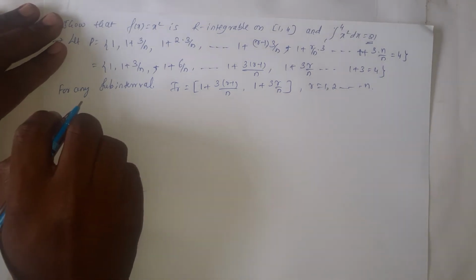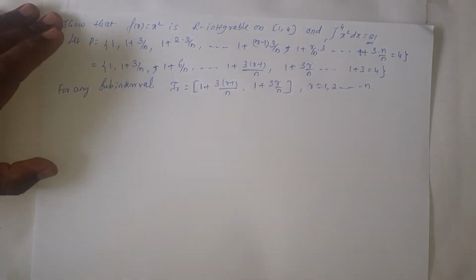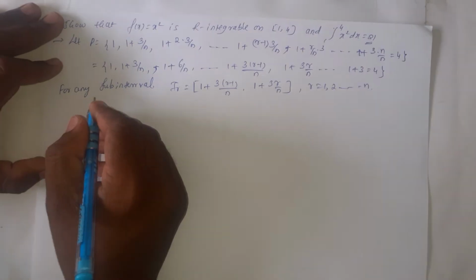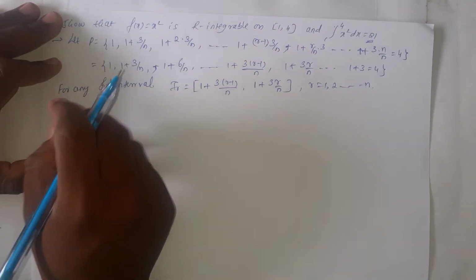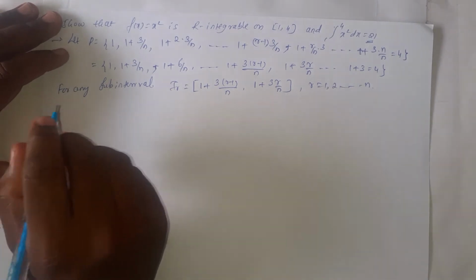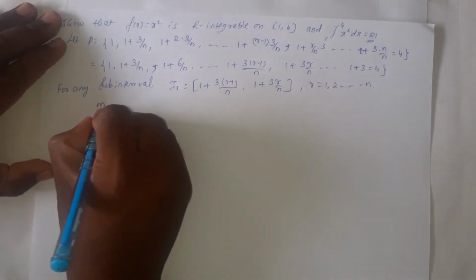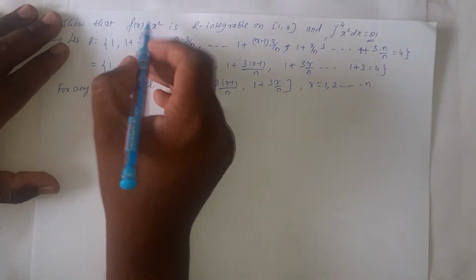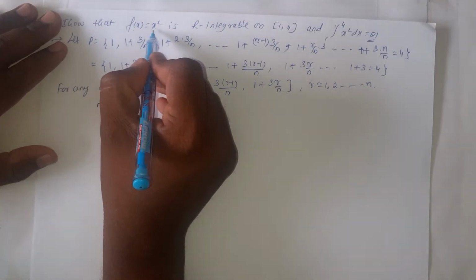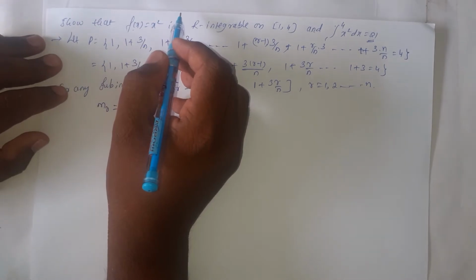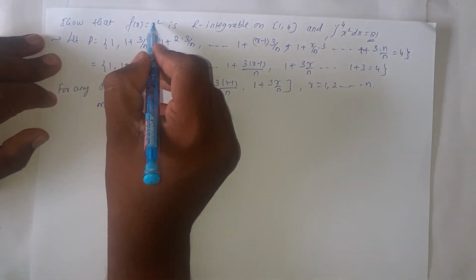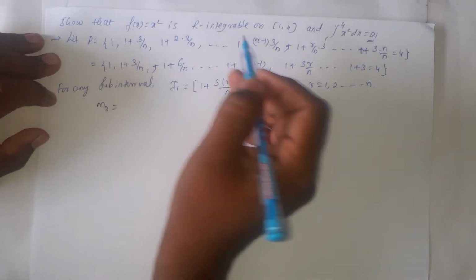Now to find the LPF and UPF, we need the upper and lower sums, infimum and supremum. For that, small m_r: the given function is f of x equal to x square, which means it is increasing. As the value of x goes on increasing, the function will also increase.